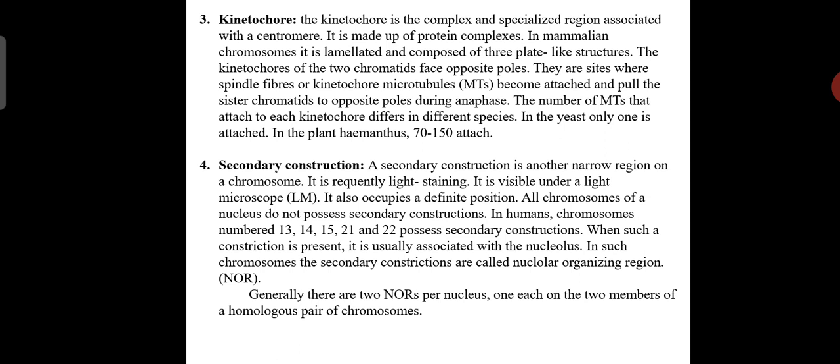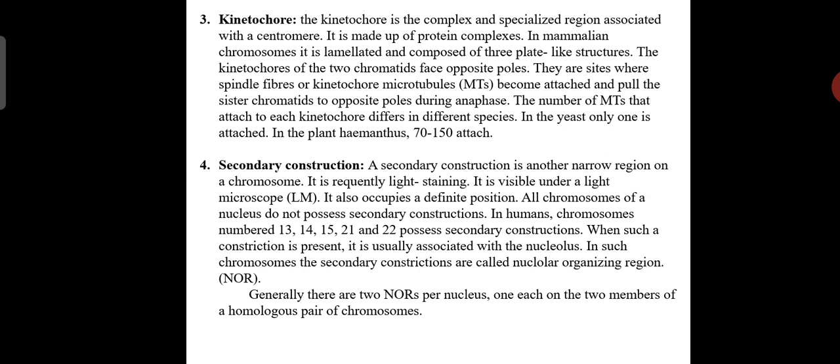The kinetochores of the two chromatids face opposite poles. They are sites where spindle fibers, or kinetochore microtubules, become attached and pull the sister chromatids to opposite poles during anaphase, right.